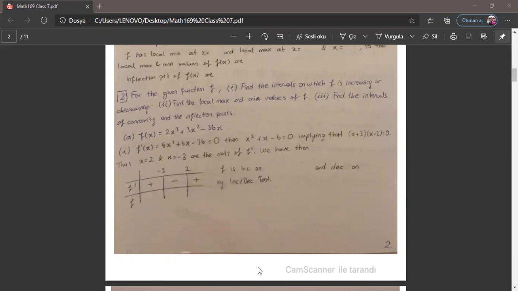So f is increasing, then decreasing, and increasing. So f is increasing on this interval union to infinity, and decreasing on -3 to 2, by this test.